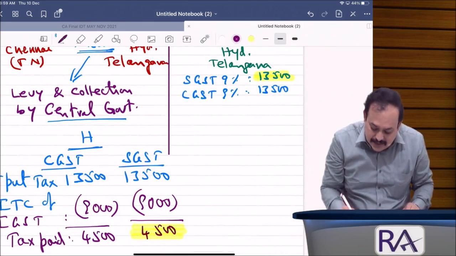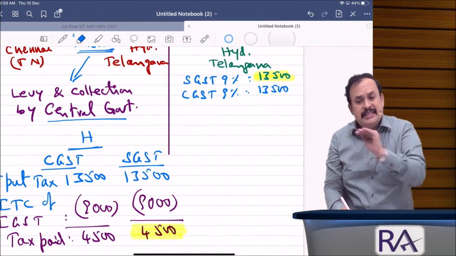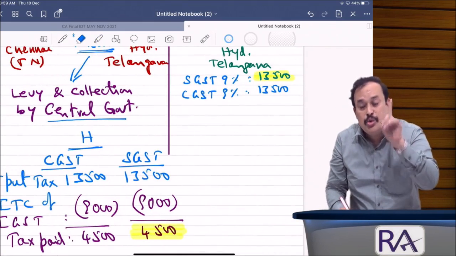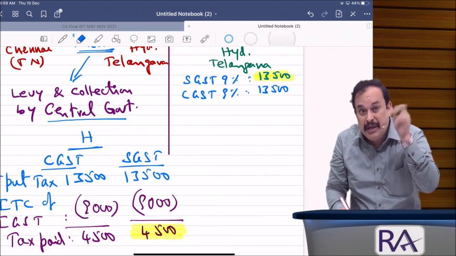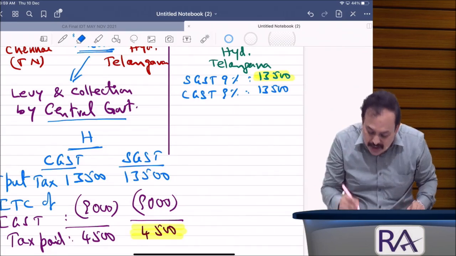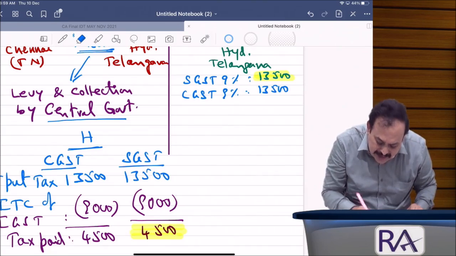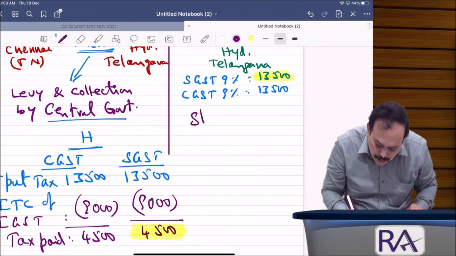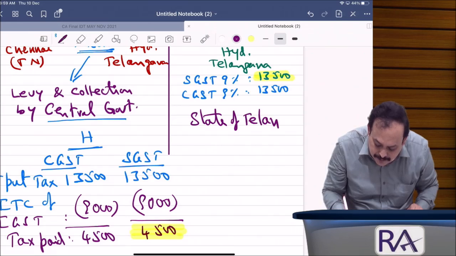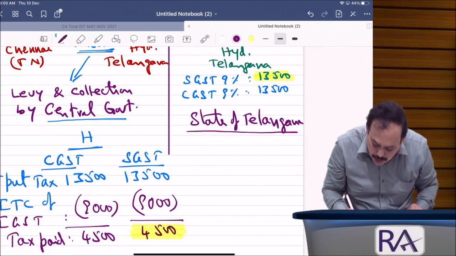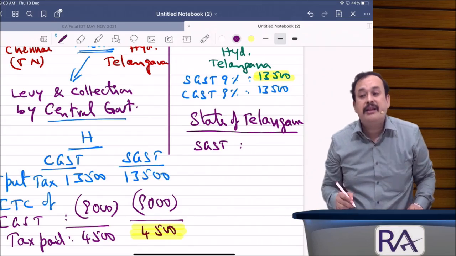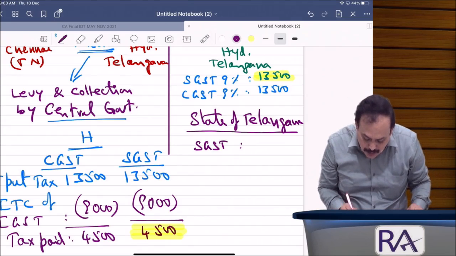So here comes into picture, my dear sir, the CCA says, hey central government, you got 18,000 rupees. Pay from that 9,000 rupees to the state government. So the state of Telangana, important to note, got the revenue how much earlier? SGST instead of 13,500 got only 4,500.